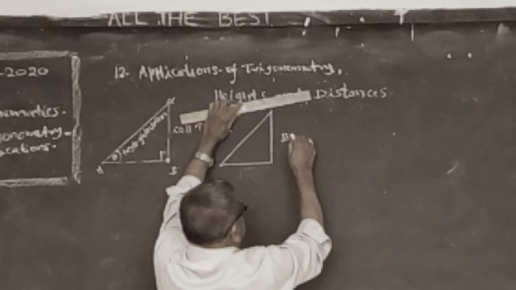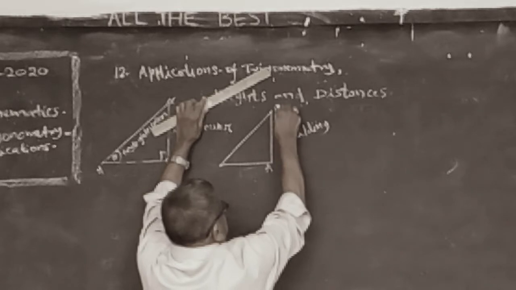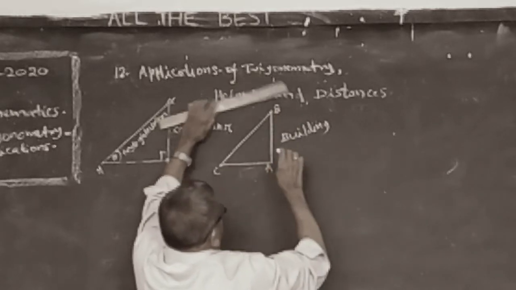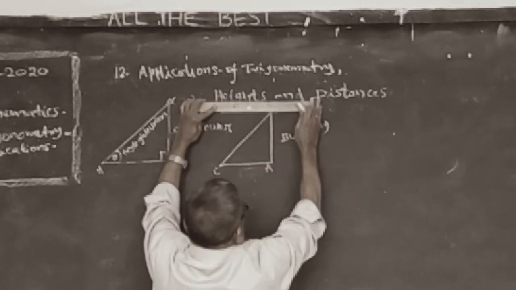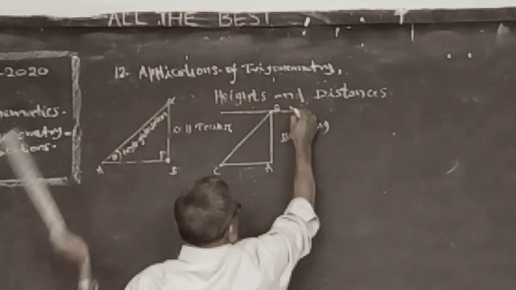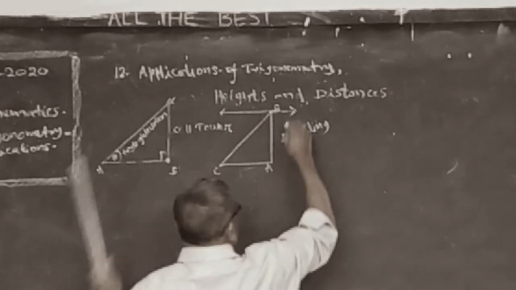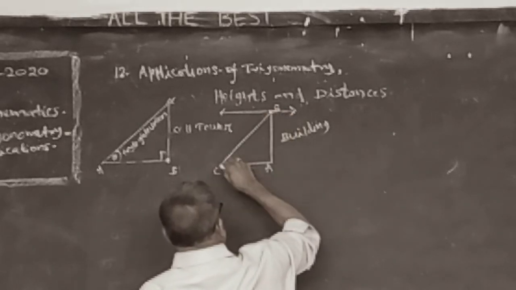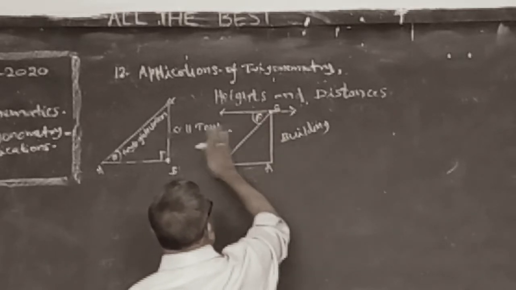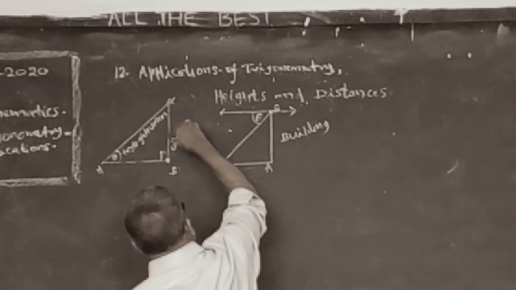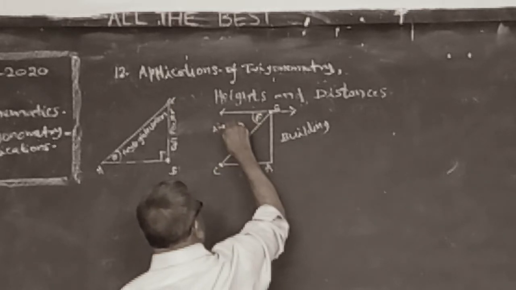This is the building, A, B is the building, and the observer is on the top of the tower. This is the cell tower. This is angle of depression.